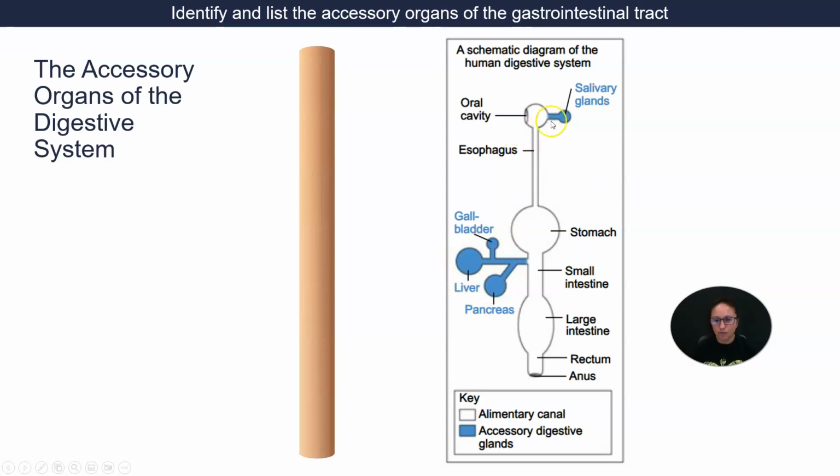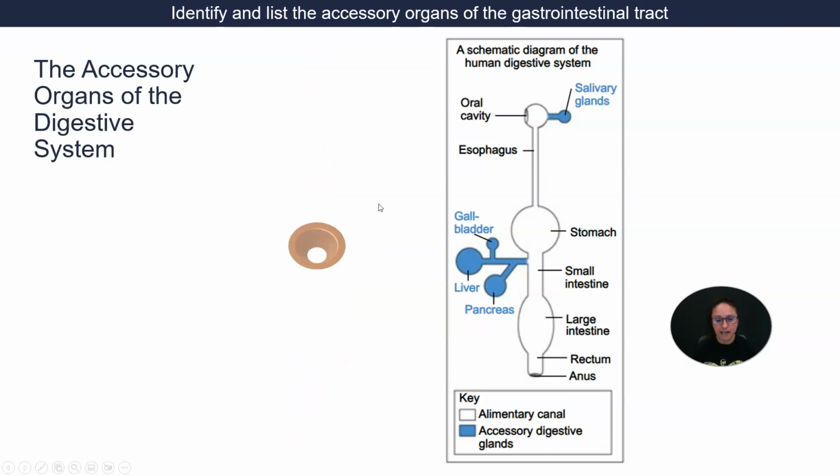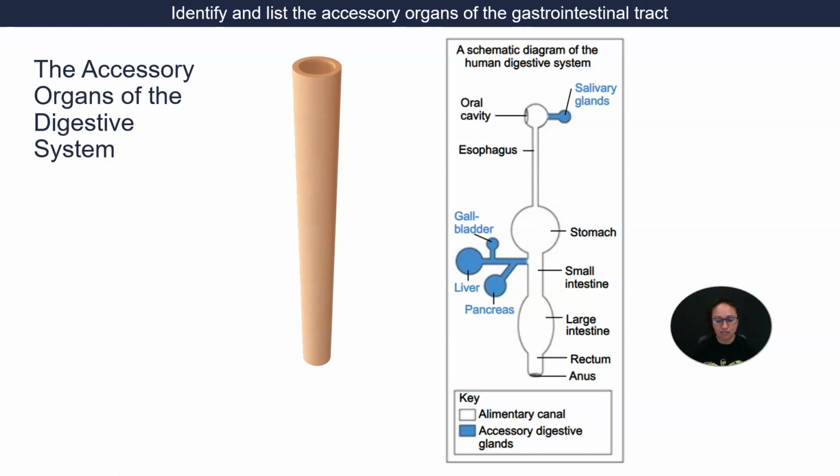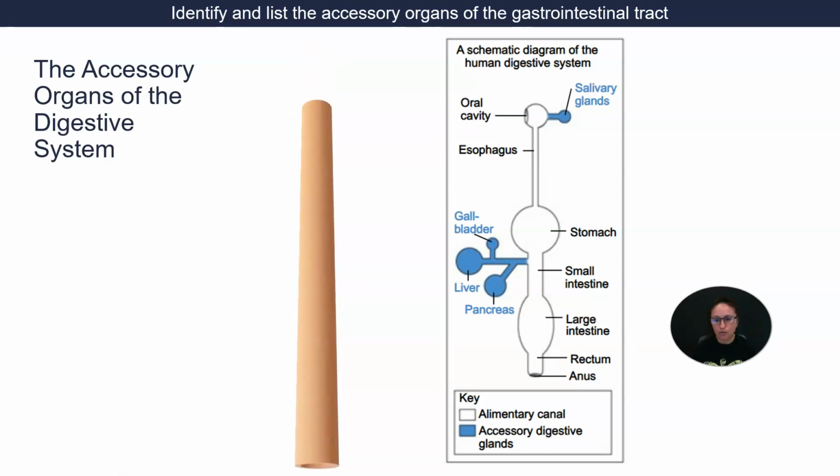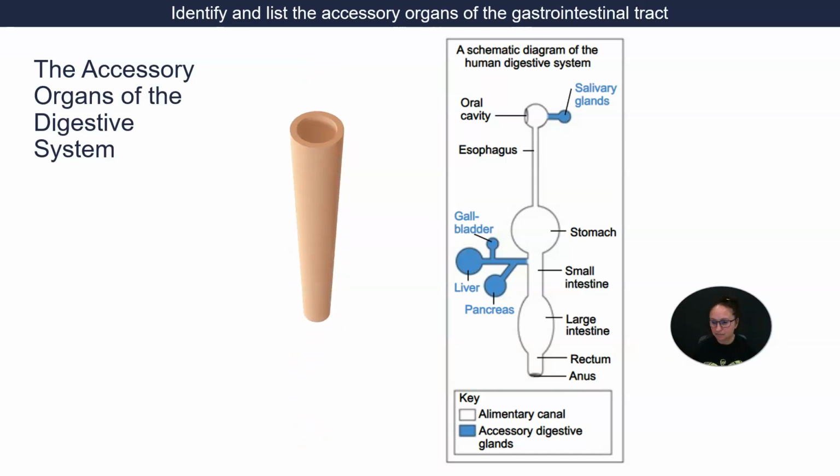These are all organs that work with or put stuff into our gastrointestinal tract in order to make sure that everything is working properly. Now, don't forget that our gastrointestinal tract is our long muscular tube, all the way from the oral cavity to the anus.